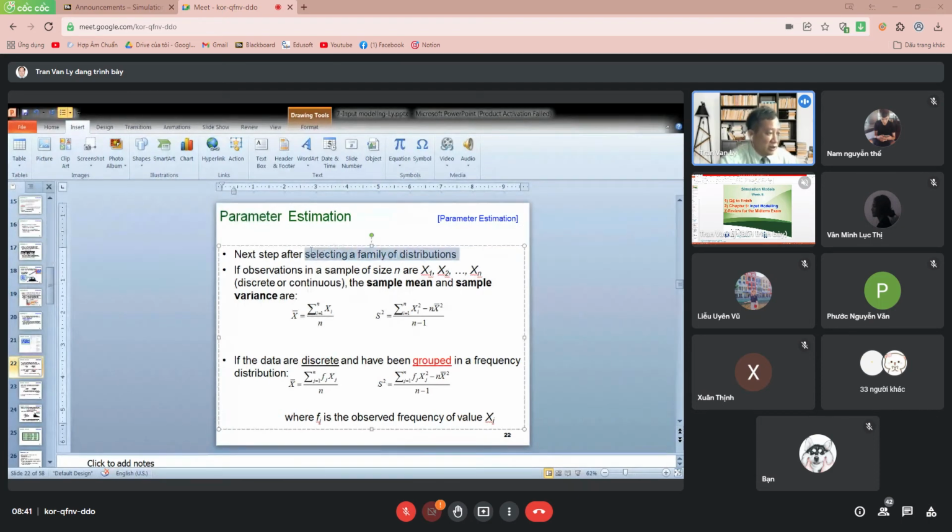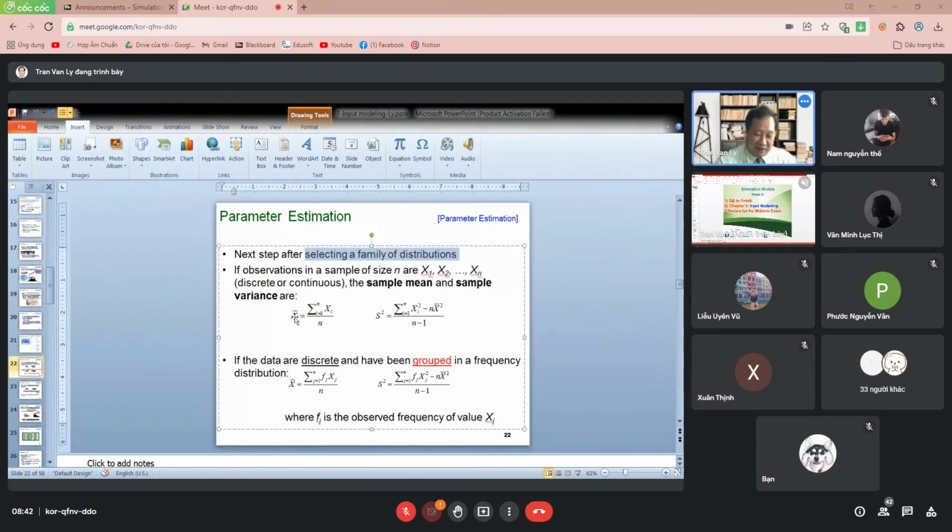We already know the family of distribution. So in the distribution, we have parameters, maybe 1, maybe 2, maybe 3. So we need to identify the value of the parameter.